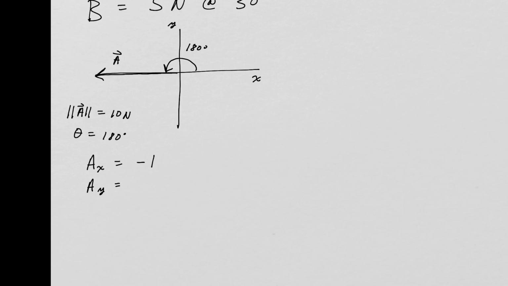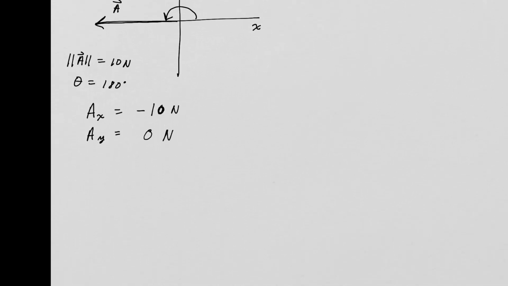The x component of A is negative 10 newtons because all of it is in the x direction, but it's negative. And how much of that vector is in the y direction? If you project that vector onto the y-axis, none of it. It's all in the negative x, none in the y. So AY is going to be 0. One of the notations that MyOpenMath uses, let me mention it here because you'll have to deal with this.